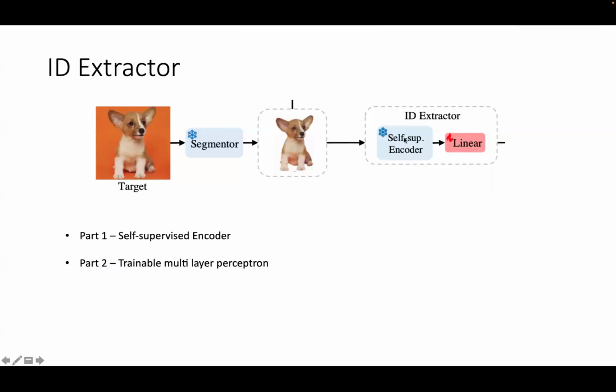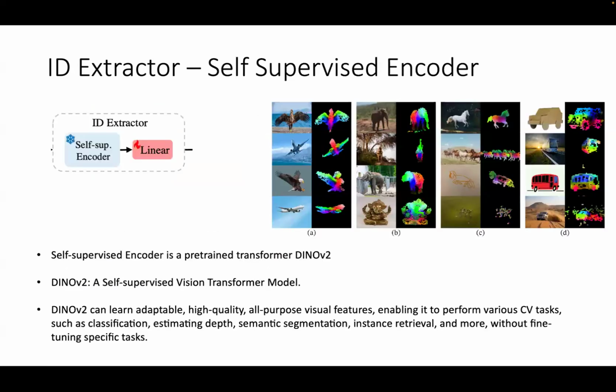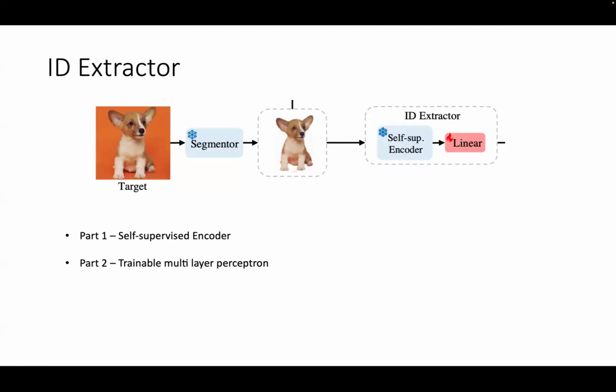The output of the self-supervised encoder for this particular image, we feed to a simple multi-layer perceptron. We will come to why we are doing that, but for now understand that we are feeding this input object into a pre-trained self-supervised encoder. What is the major role of the ID extractor, and what kind of attributes does it have to pick up out of that object?